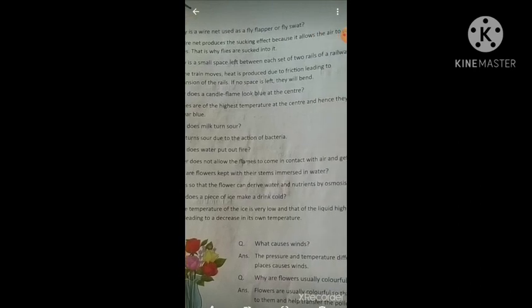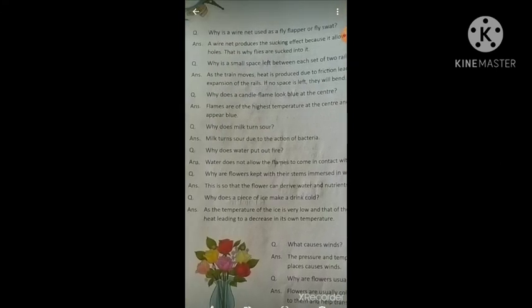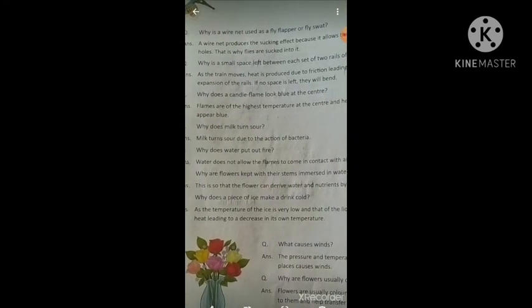Next one, why are flowers kept with their stems immersed in water? This is so that the flower can derive water and nutrients by osmosis and stay fresh. Have you seen the flowers immersed? Flowers are kept with their stems immersed in water. Why?